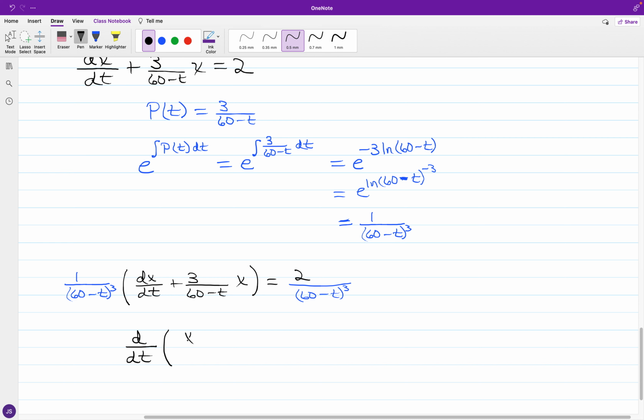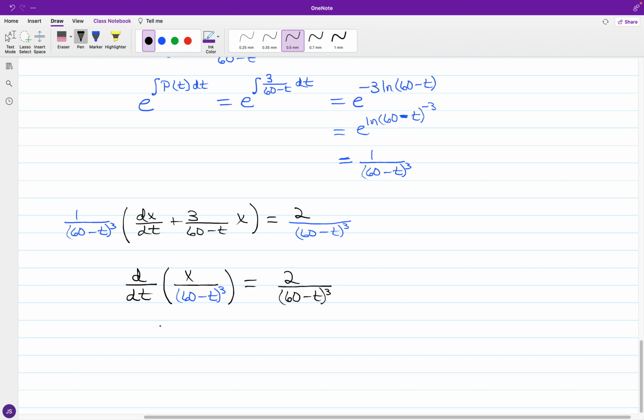So we'll just say we have x times the reciprocal of the cube of 60 minus t and again we have is equal to 2 over the cube of 60 minus t and removing the parentheses, which can be done upon integrating both sides with respect to t.